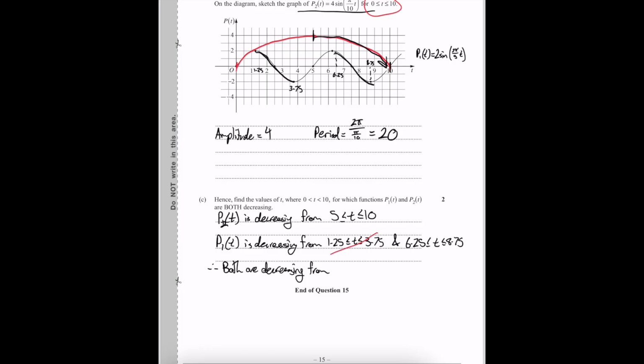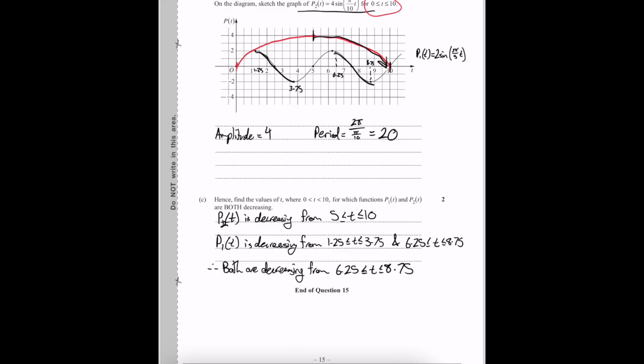So if we combine these two restrictions of what values t can hold, that essentially is this range here.